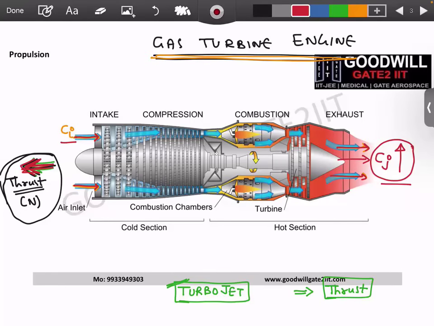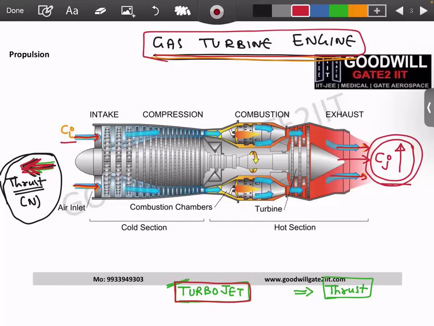So that's the backbone of any gas turbine engine. So turbojet will work on this, turbofan will work on this, turboprop is a slight catch that we will discuss later. Similarly, turboshaft is a catch. Ramjet will work on this, and so on. So the idea is to get very high velocity at the exit.